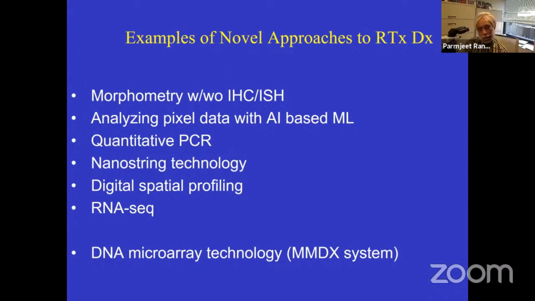I cannot cover all that. I'm not an expert, nor do I have the time. So what I will do today is focus at the lowest item, which is the DNA microarray technology. And I will focus almost exclusively on the MMDX system, the so-called molecular microscope, because that is the system for which we have the largest amount of human biopsy data.